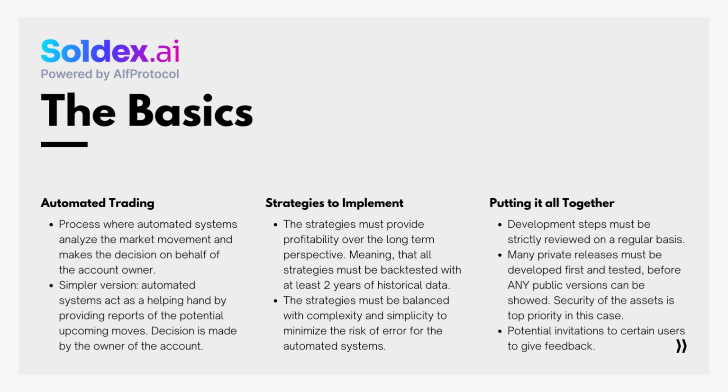This means that we cannot simply make a guess if the market is going to go up or down, even though no system can be sure what the market might do next. But we have to make the odds in our favor as much as possible.